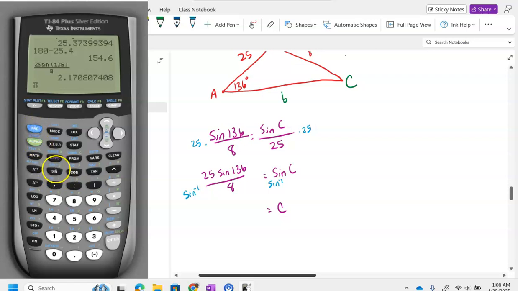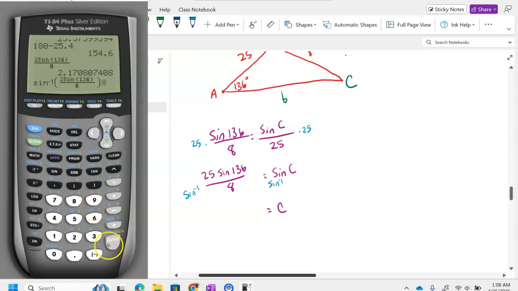But I can also do inverse sine of the whole fraction as a whole, and just cut out the middleman and do it all at once, so that way I stay exact here.